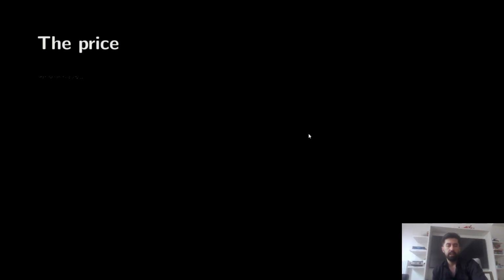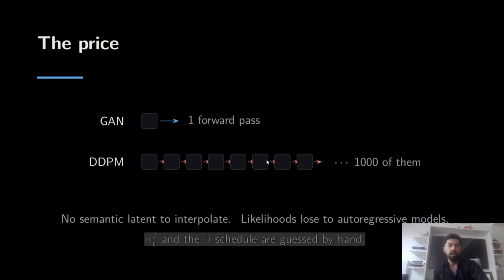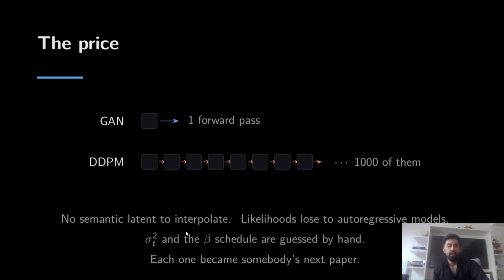So here is just a small comparison with GANs, which I will talk about in the future. It's one forward pass for GANs. Here we have 1,000 forward passes. Here we have no latent space to interpolate in, and the beta and sigma schedule are guessed by hand.